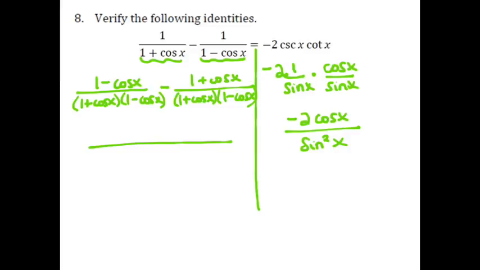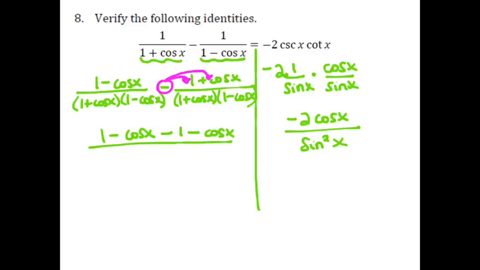So we're going to combine these into one fraction. On the top, this minus sign right here has to be distributed to both parts in the numerator of that second fraction, which means when I rewrite this, I'm going to have 1 minus cosine x from the first fraction minus 1 minus cosine x, because this is going to go to the 1 and also to the cosine.